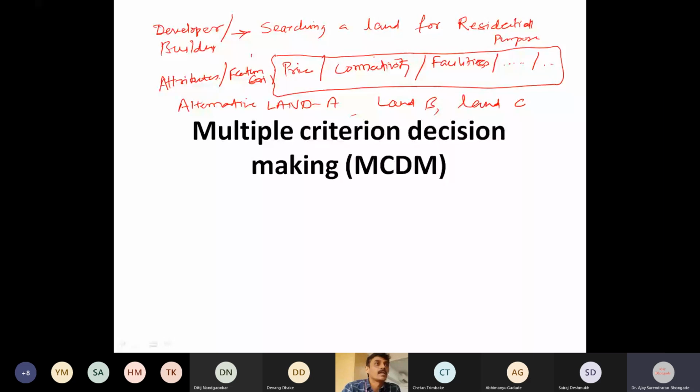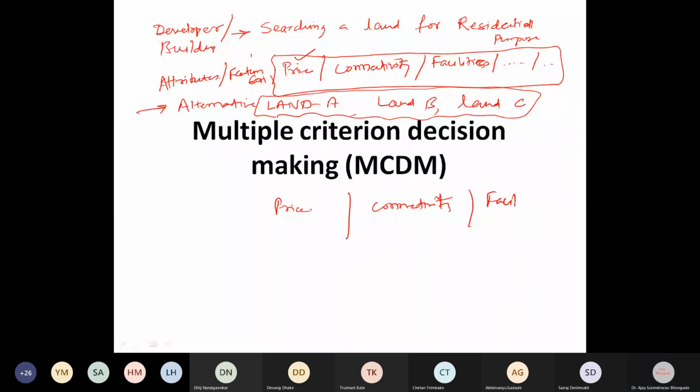Land B, and likewise we have the alternatives, right? So we have to select the proper alternative from these. How are we going to select it? That will be purely based on these attributes. We have to take into consideration the price of land A, the connectivity, the facilities there, and other things.